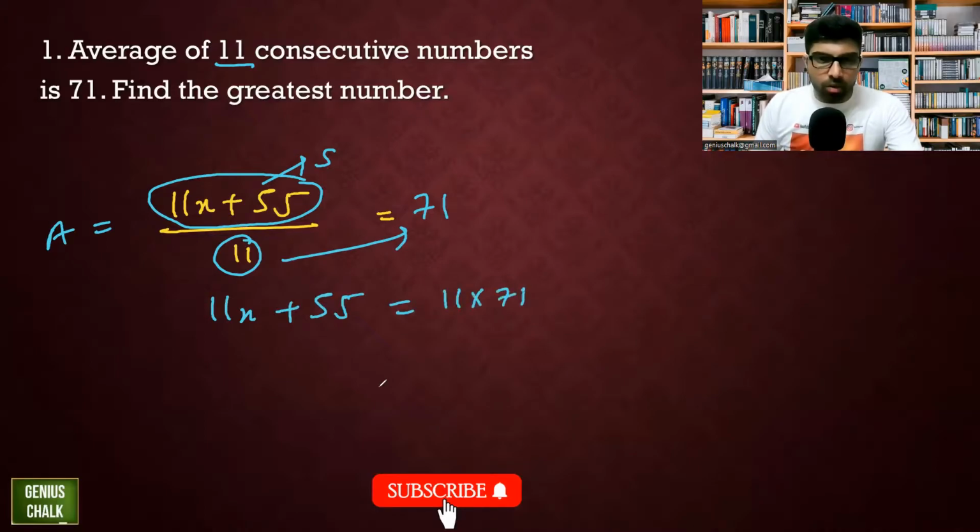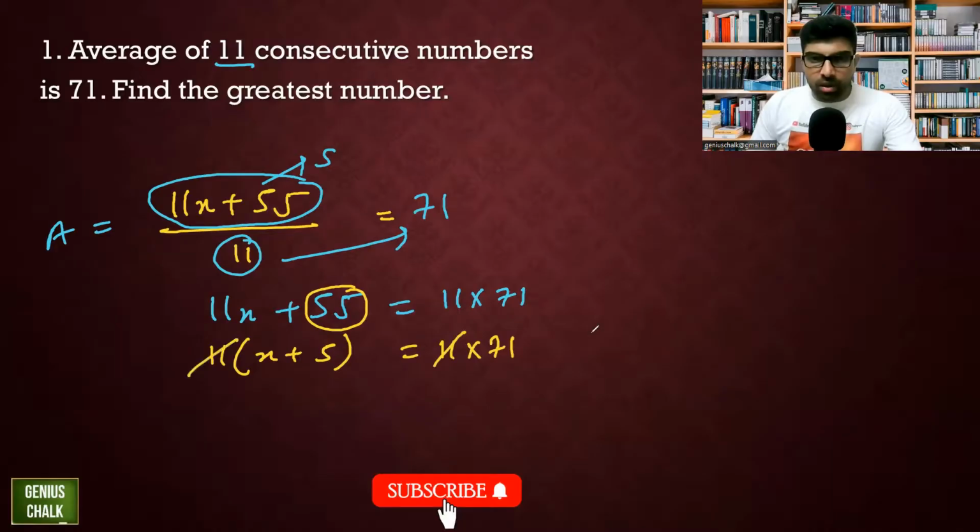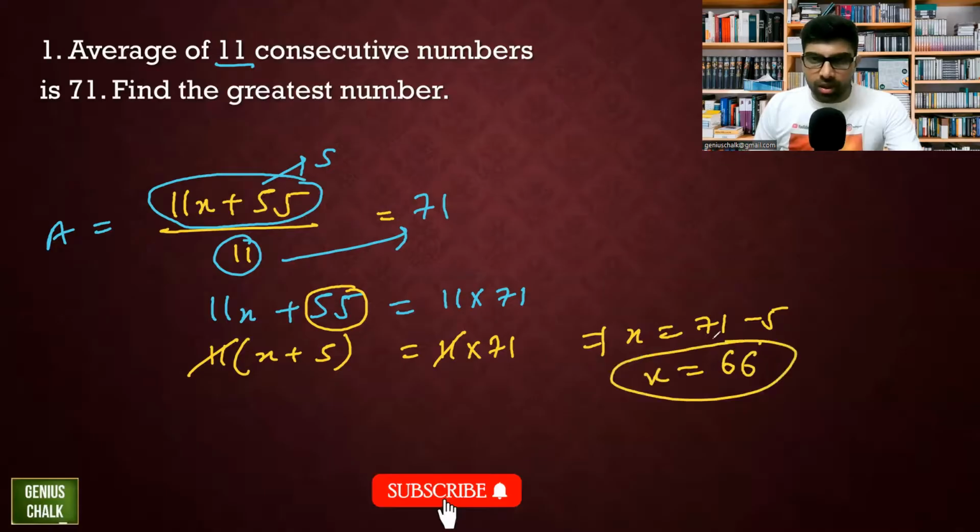Now, without multiplying, smartly if you solve, you can see 11 is common. So you can write x plus 5 because 11 5s are 55. Here also 11 is common. So 11 gets cancelled. Now you can see x is equals to 71 minus 5 and 11 minus 5 is 6. That means the first number is 66.